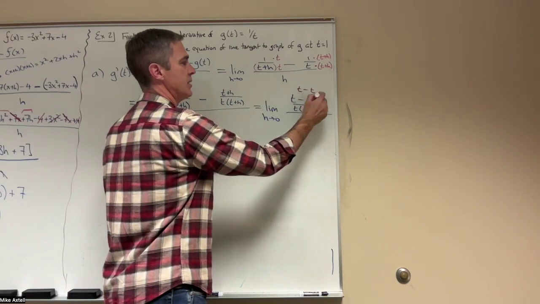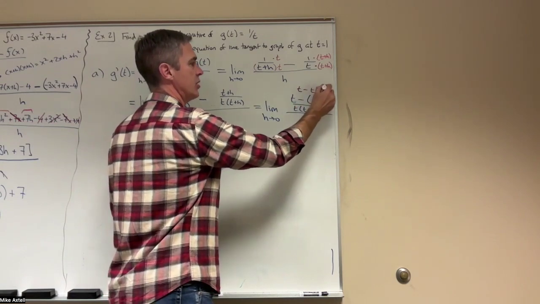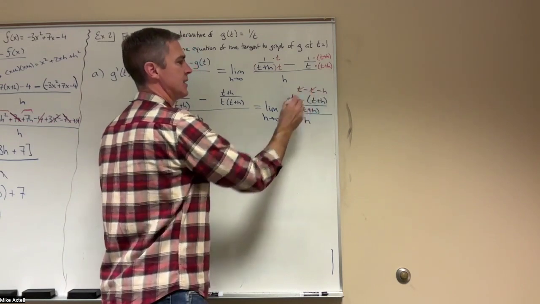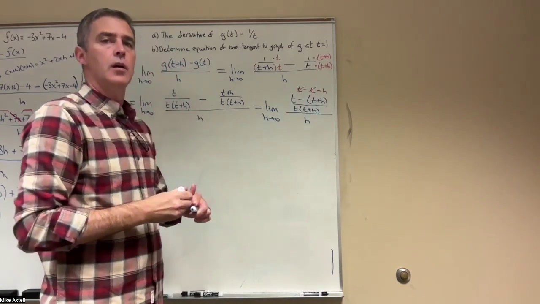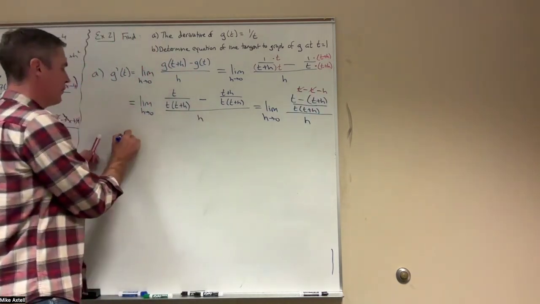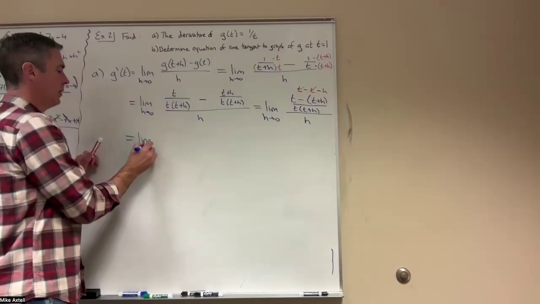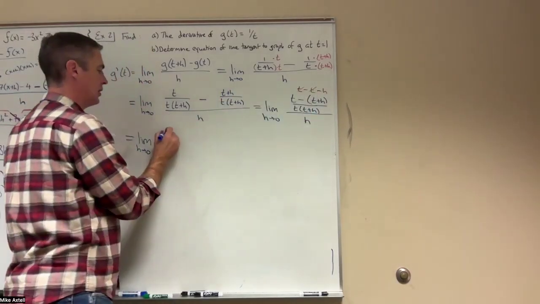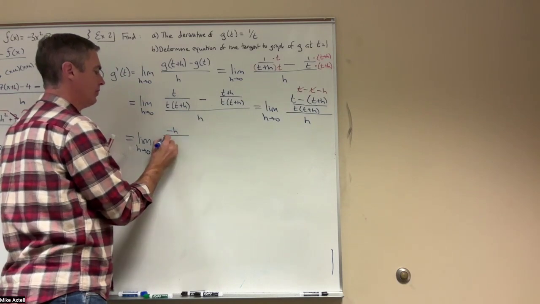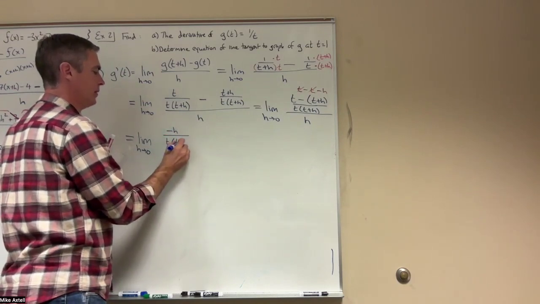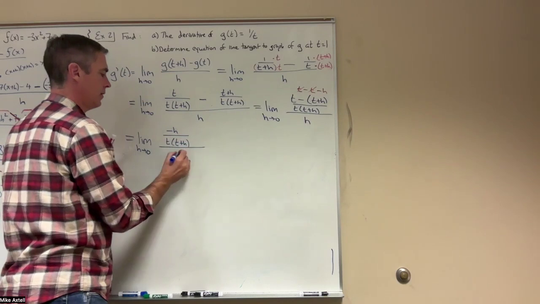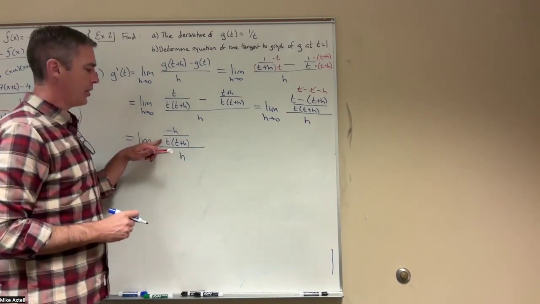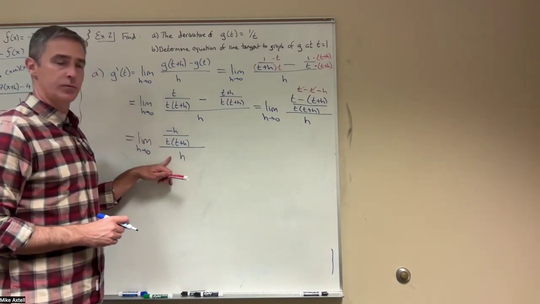So it had t minus t and then minus h. And I think I see the t's cancel, right? So let's see what happens down here. I think I've got a negative h left in my very top numerator. Then I've got my common denominator, and that's all divided by h.